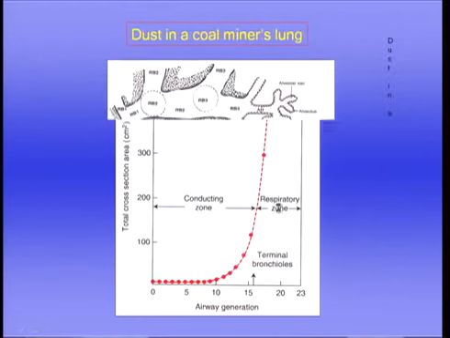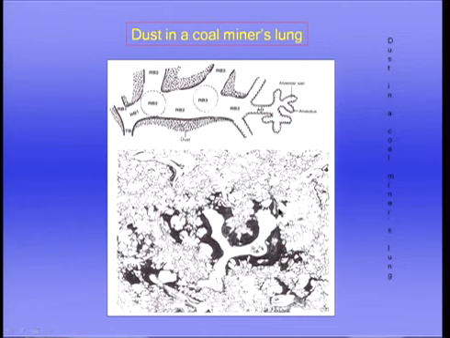And a nice example of this is shown in this image here. Here we have the deposit of dust in a coal miner's lung. So a lung looked at autopsy, and you may not be able to recognize what's happening here. What we've got is a terminal bronchiole coming in. We've got the respiratory bronchioles here, and the edge of the acinus is around here.